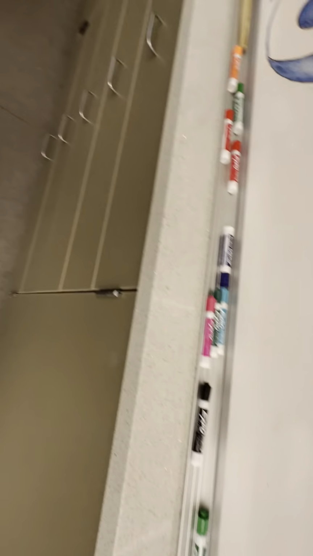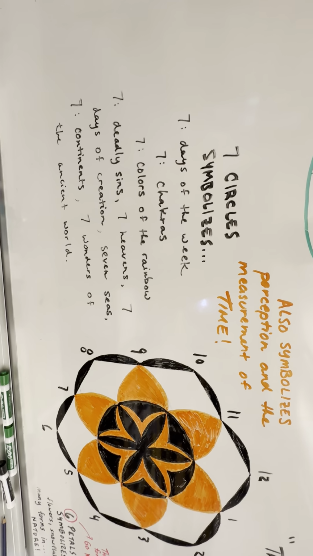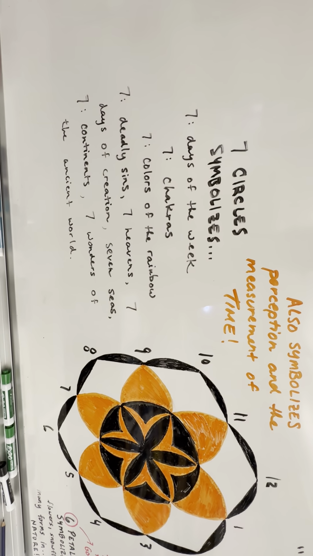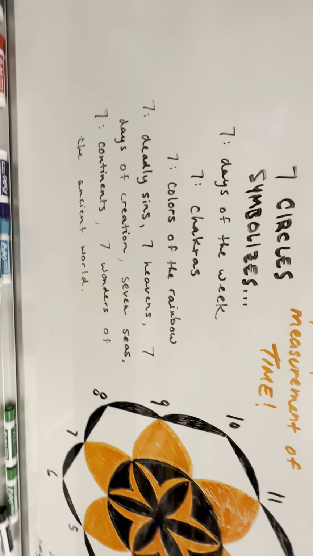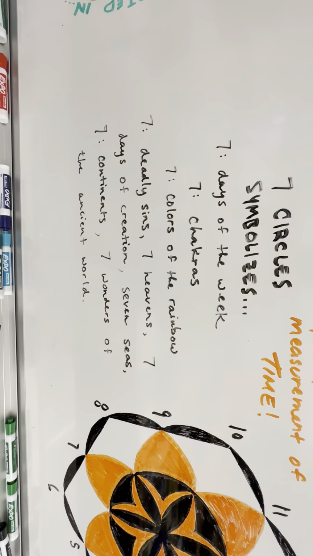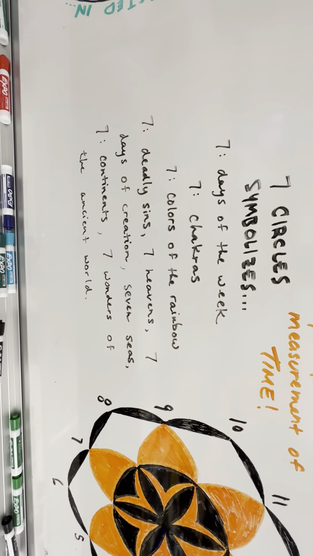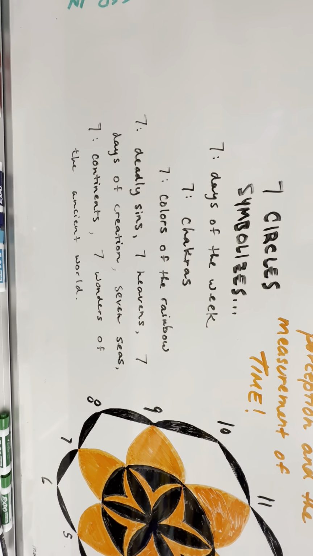It's pretty cool. Oh yeah, I almost forgot on the seed of life, it also symbolizes perception and the measurement of time, which is pretty cool. 7 circles symbolizes the 7 days of the week, the 7 chakras, 7 colors of the rainbow, 7 deadly sins, 7 heavens, 7 days of creation, 7 seas, 7 continents, 7 wonders of the ancient world.